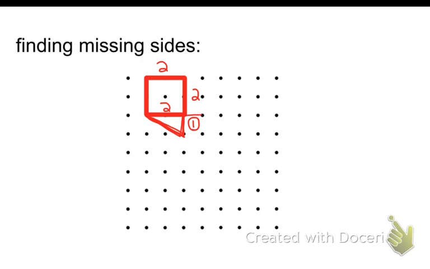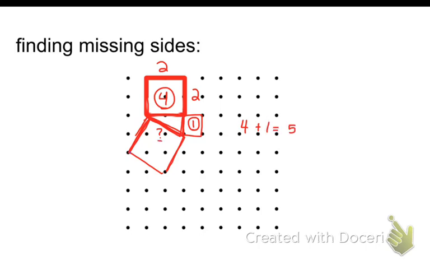Well, I know that 1 by 1 gives me a value of 1. I know that 2 by 2 gives me a value of 4. So that means that this side right here, okay, if I extend it out, okay, if I want to know what this side is right here, I know that it's going to have to be equal to 4 plus 1, which gives me 5.